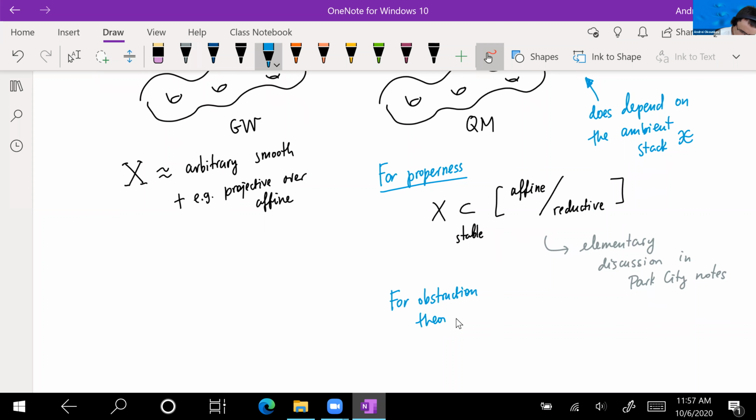And this was already discussed by Melissa last time, but you need to have an obstruction theory for that affine variety.